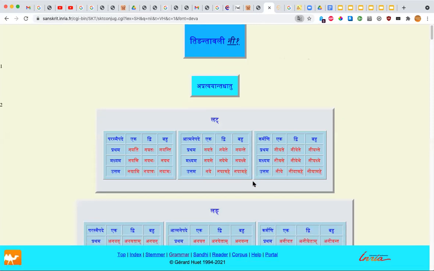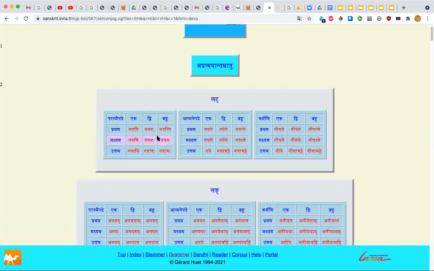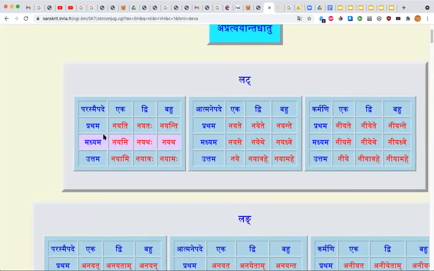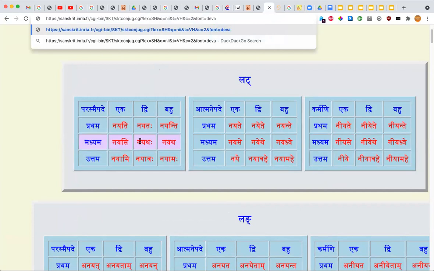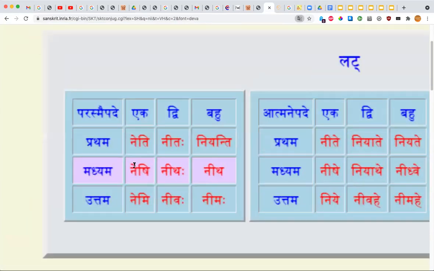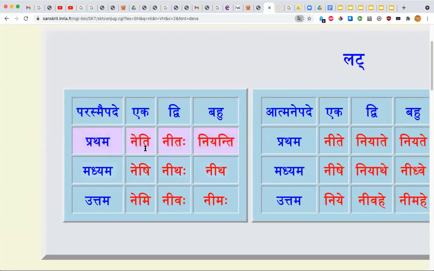And if we submit that, there is an easy way of validating whether we are looking at the right form or not. So nayati, nayataha, nayanti. So this is what we want. So if the class is different, for example, this form will change. For example, if the class were 2, then instead of nayati, it is neti. So let's not worry about why, what the different classes are.